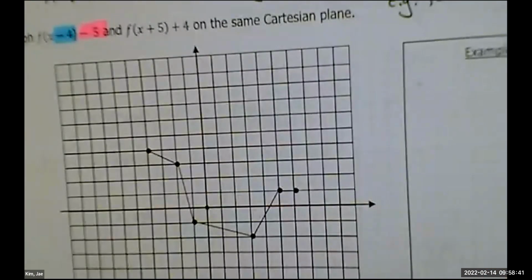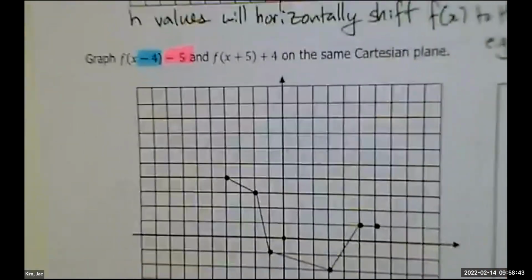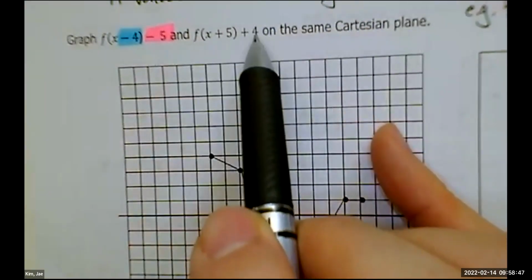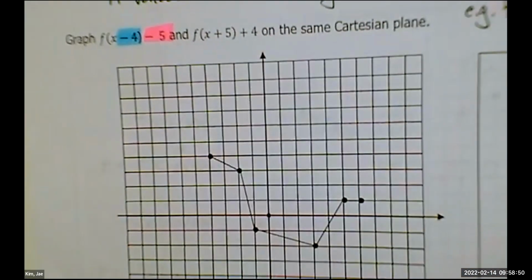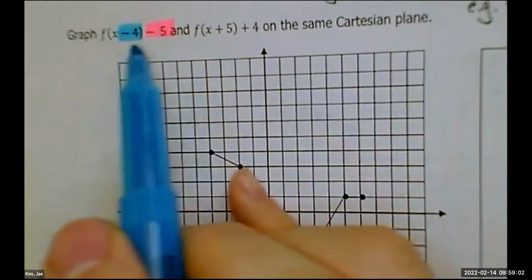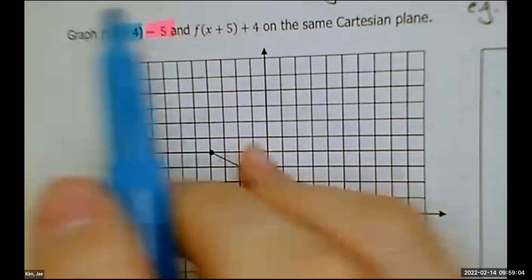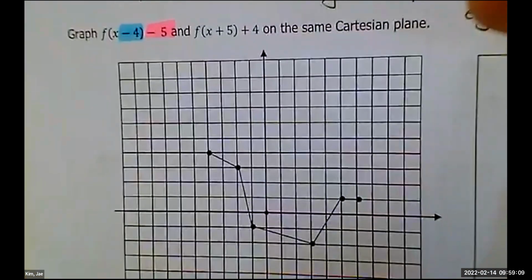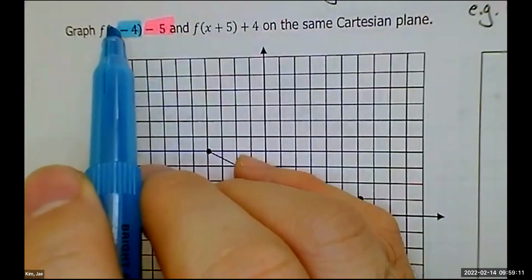All right, everyone, for the sake of time, I am going to go through the first one slowly, and then I'll do the second one quickly. The minus 4, being the blue, represents a shift horizontally, left and right. The minus 4 looks like it should be going left logically, but I can demonstrate a little later that if there is a minus 4 inside the function, we are moving to the right.